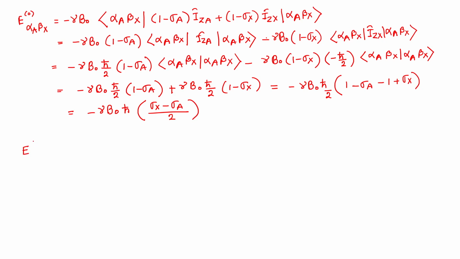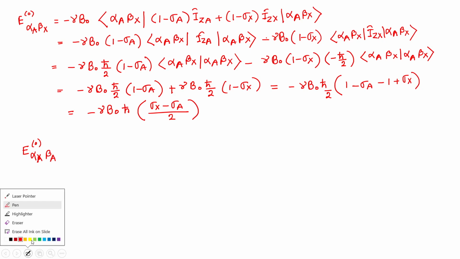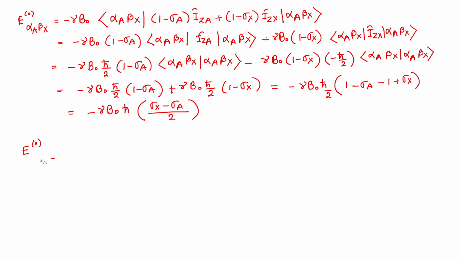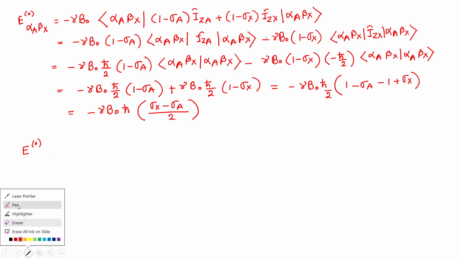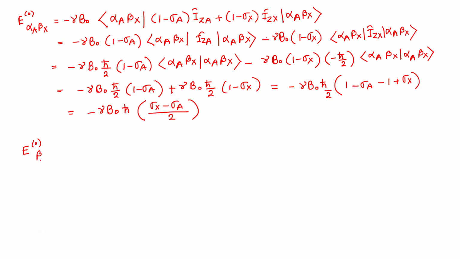Similarly, you will be able to show it for alpha X and beta A, or I should write it the usual way I was writing earlier, that is your beta A and alpha X. That is a similar thing, right?